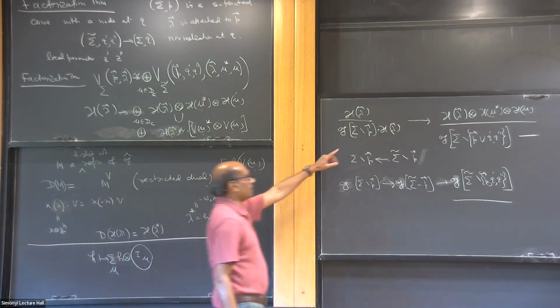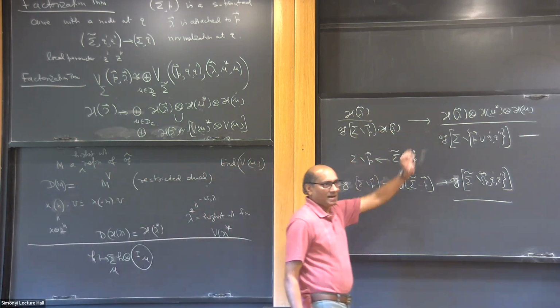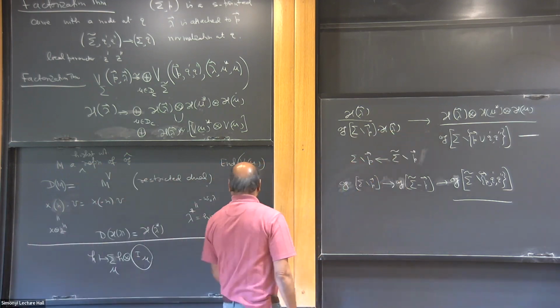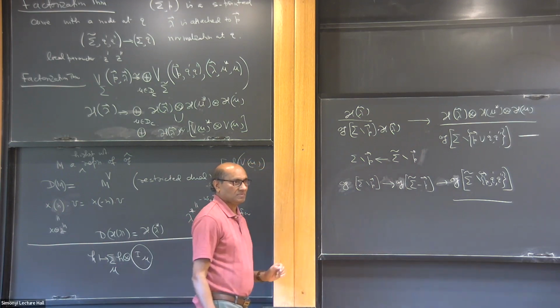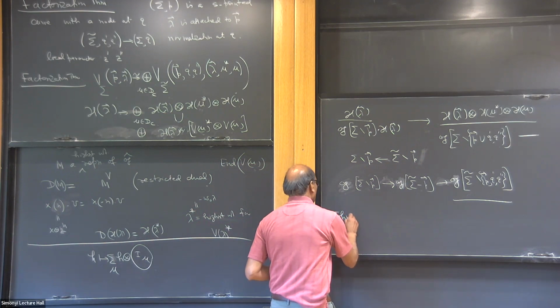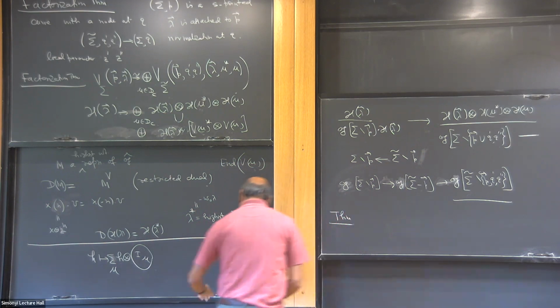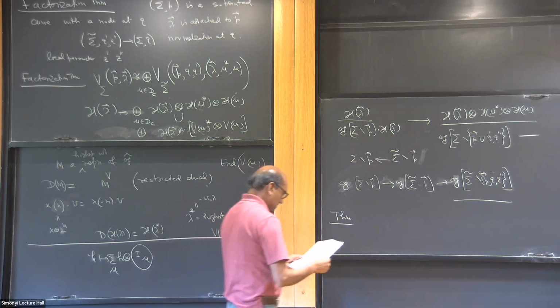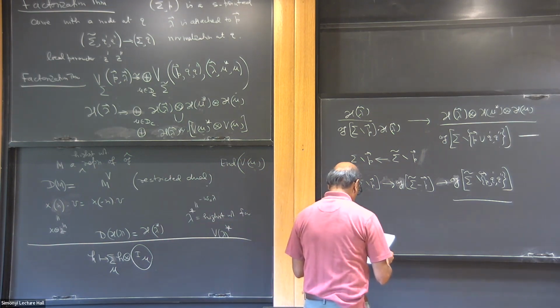So we get a map like that. And now the theorem is that this is an isomorphism. So this explicit map is an isomorphism. Let's call this map something.